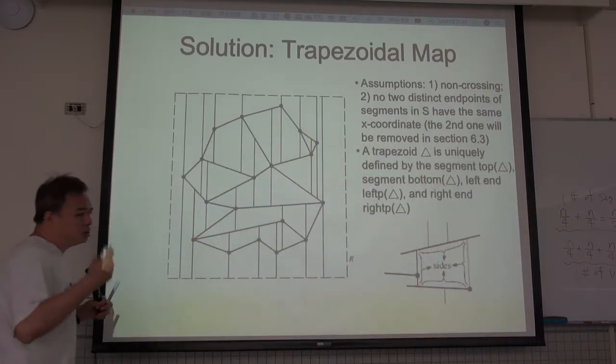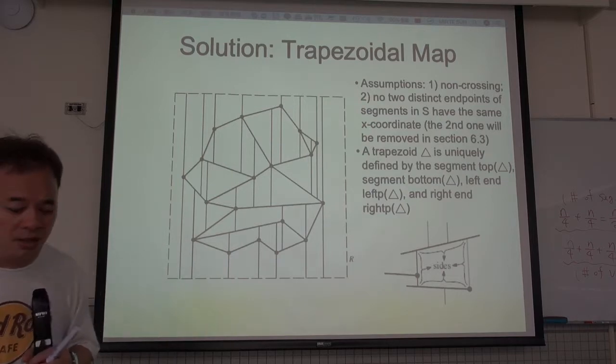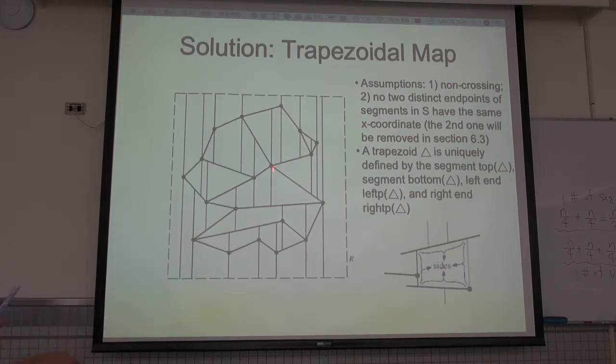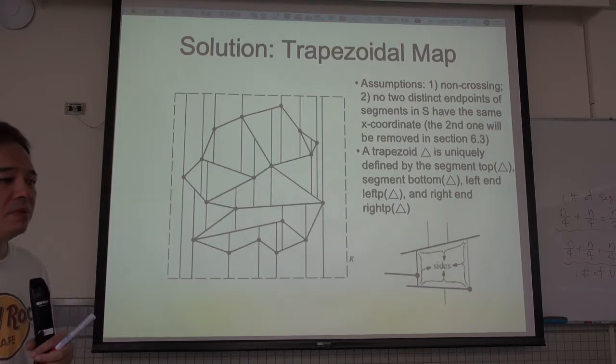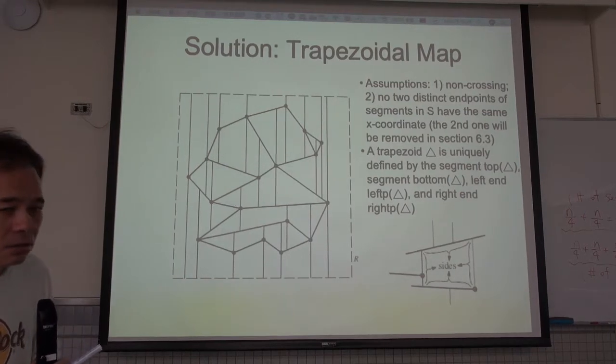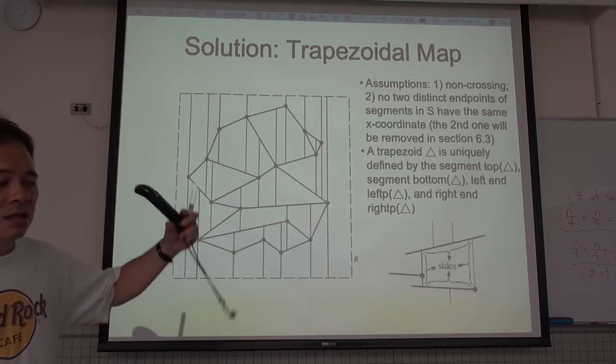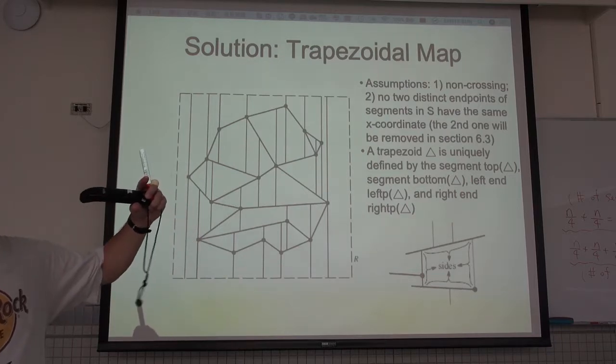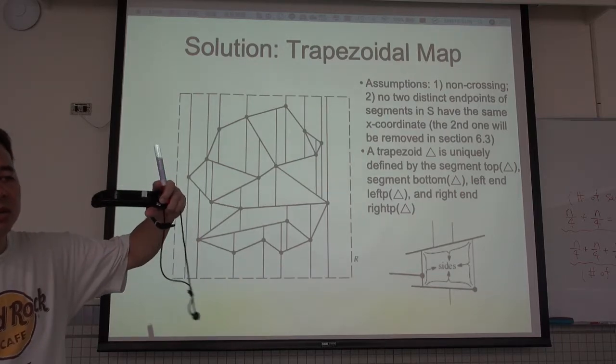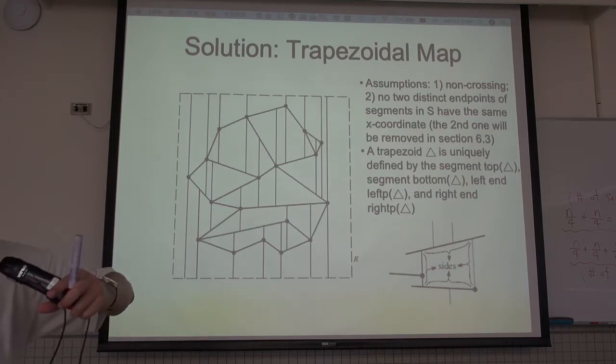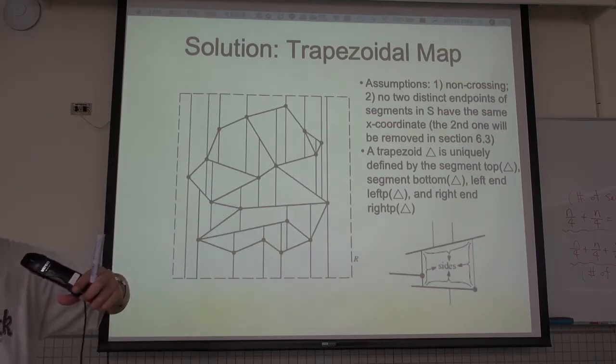There are some additional things I would like to mention. First, we assume there's a bounding box for our subdivision. This bounding box is a very simple rectangle that basically encloses the whole map inside it.